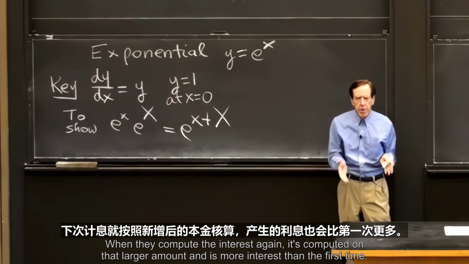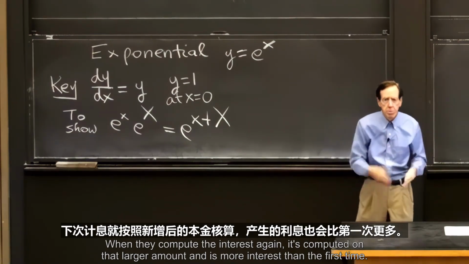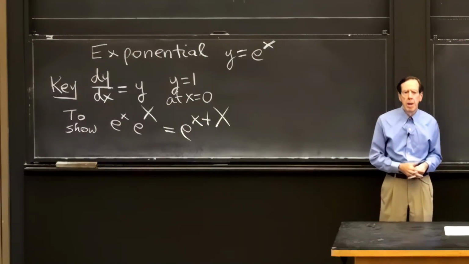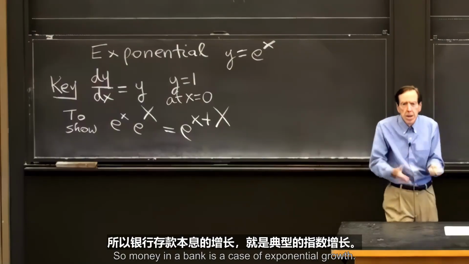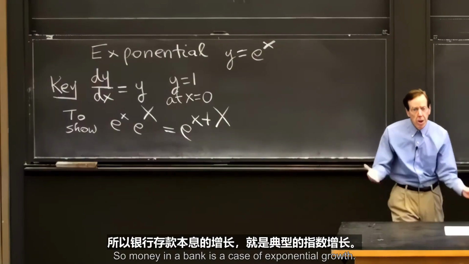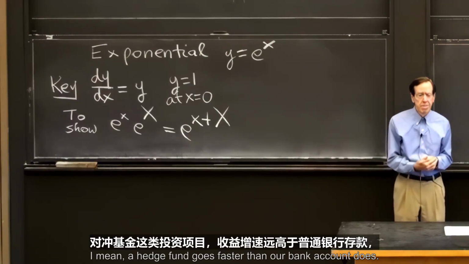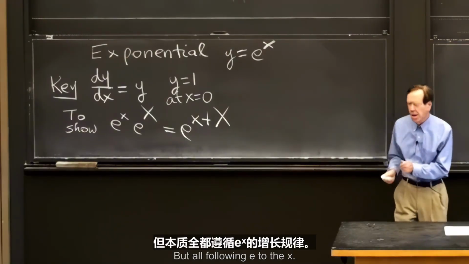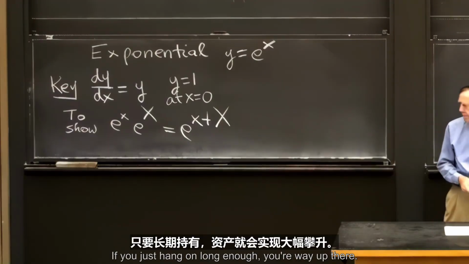When they compute the interest again, it's computed on that larger amount and is more interest than the first time. And so it goes. So money in a bank is a case of exponential growth. A hedge fund goes faster than our bank account does, but all following e to the x. If you just hang on long enough, you're way up there.